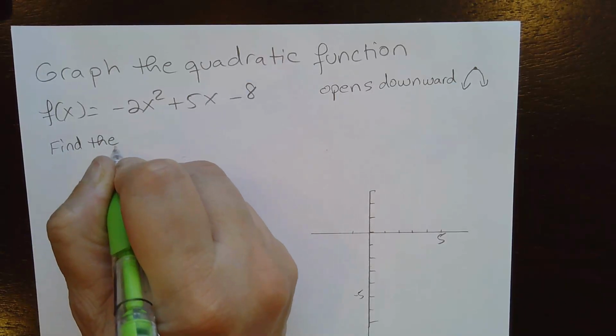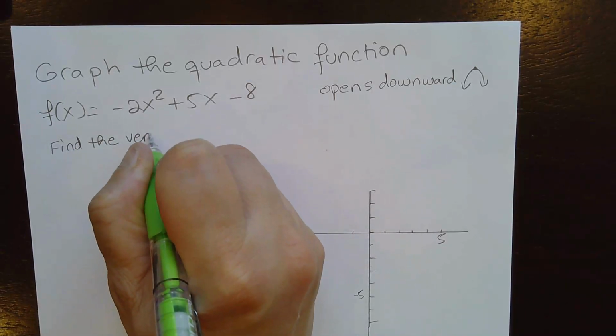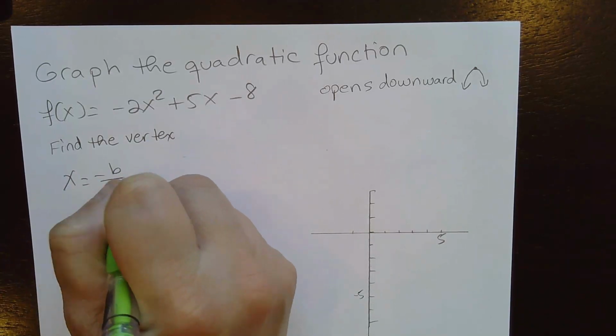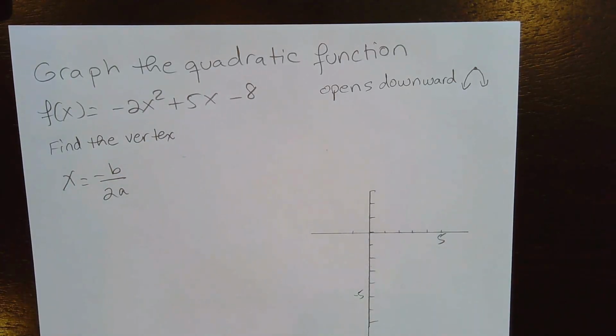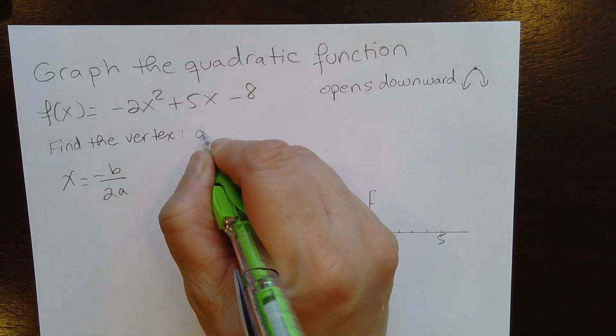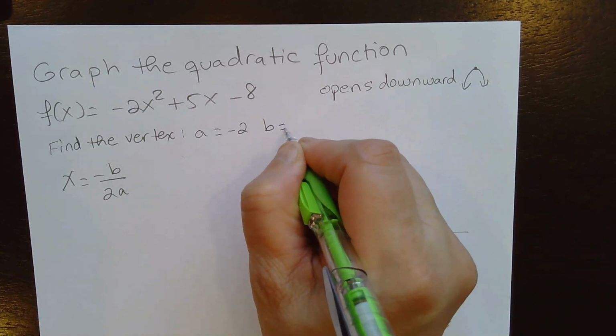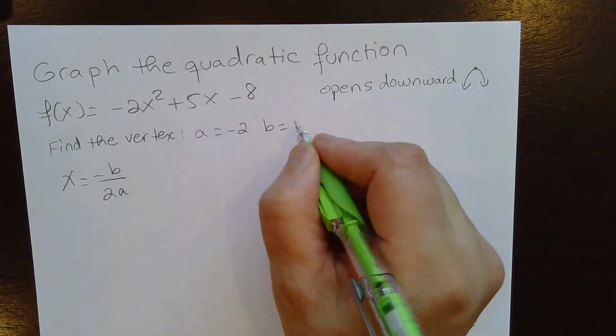Since the function is in standard form, we can use negative b over 2a to find the x-coordinate of the vertex, where a is the coefficient of x squared, which is negative 2. B is the coefficient of x, which is 5.